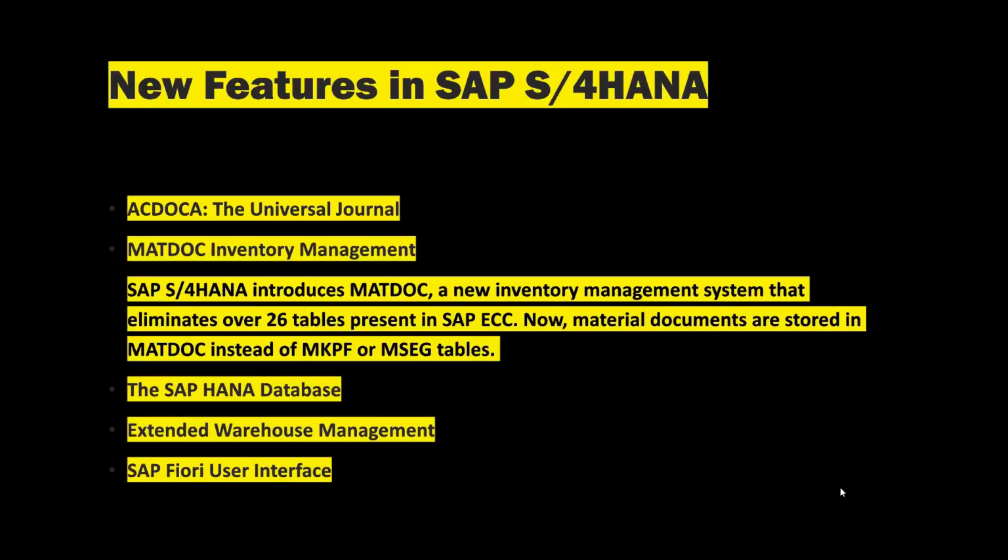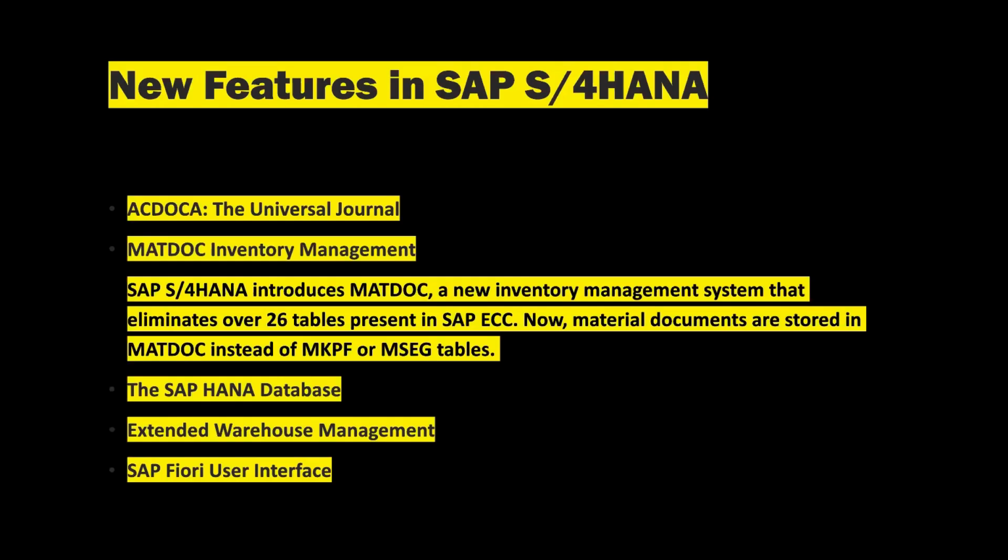Now, let's dive deep into new features in SAP S4HANA. Number one, we talked about the ACDOCA, which is the Universal Journal Entry. The second one we're going to be looking at here is MATDOC for inventory management.